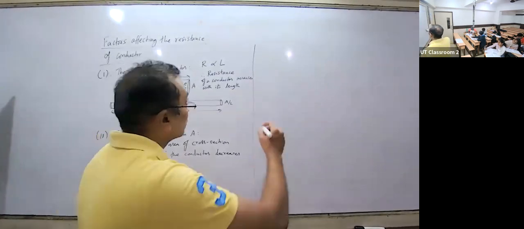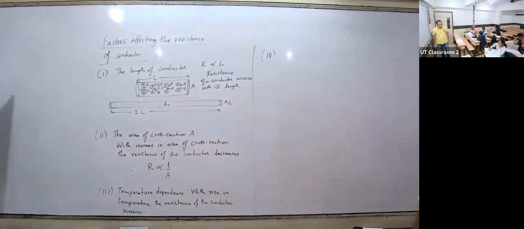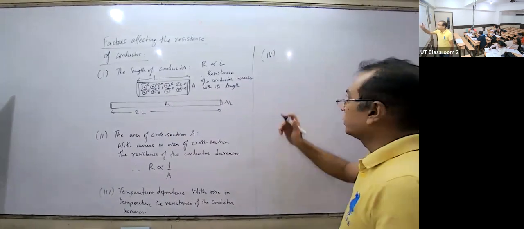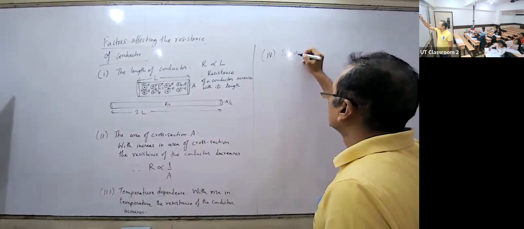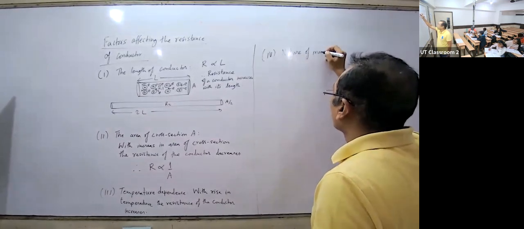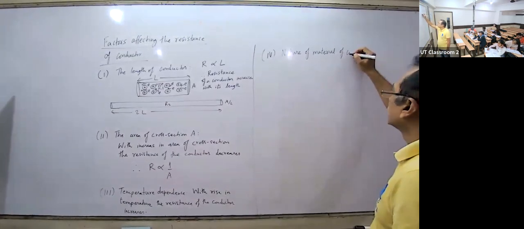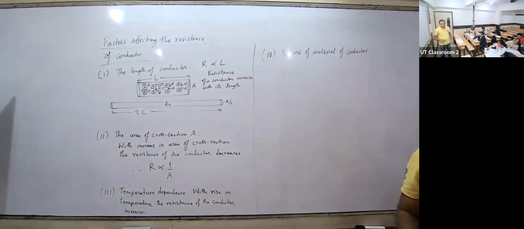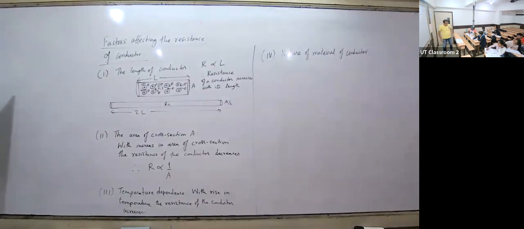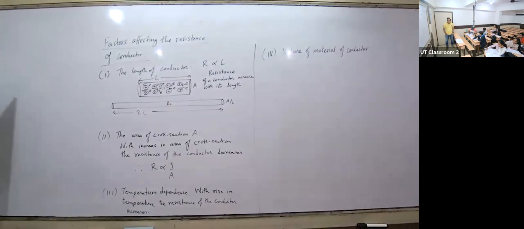Okay, what is the fourth factor? Nature of substance, or nature of material of conductor. So what is nature of material of conductor?